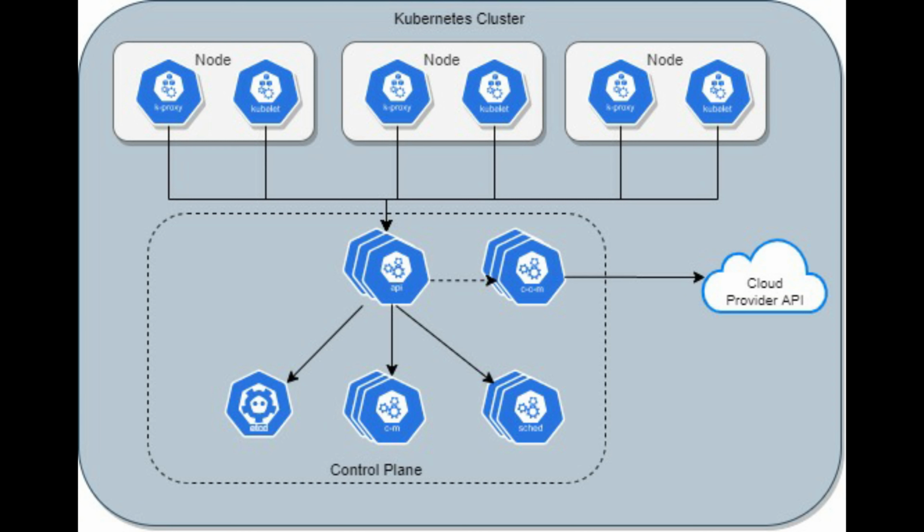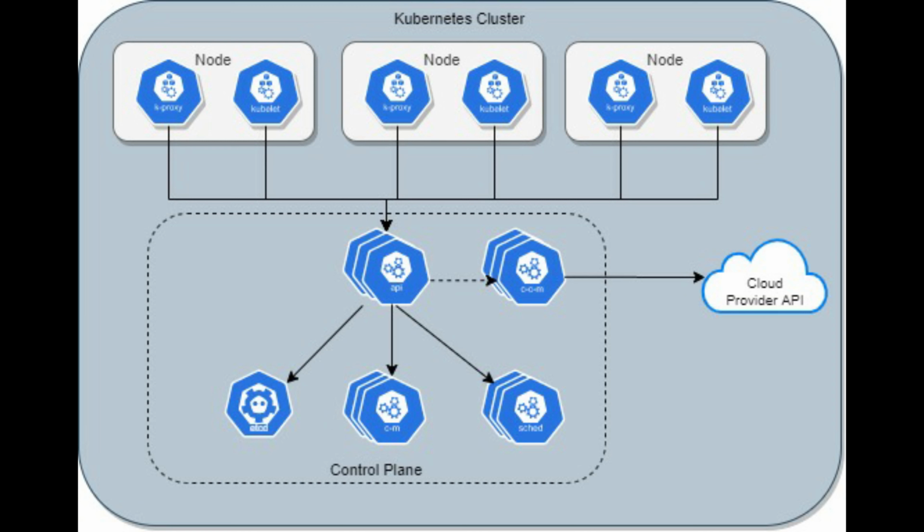The second thing is the Kube API server. The API server is a component of the Kubernetes control plane that exposes the Kubernetes API. The API server is the front end for the Kubernetes control plane, and that is how you access your Kubernetes services, through the API server.